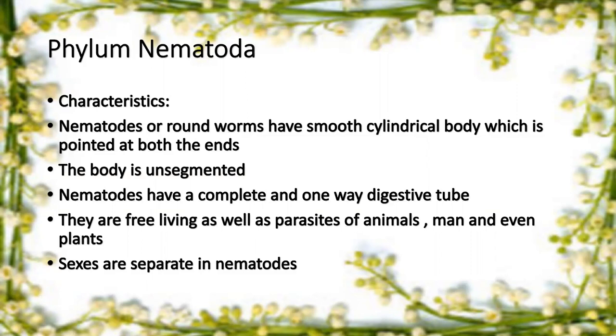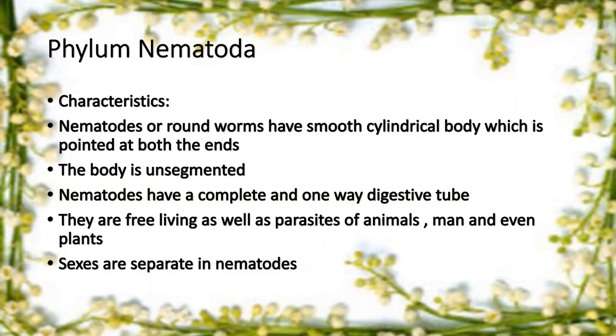Nematodes have a complete and one-way digestive system. That is, they have a mouth for taking in food and an anus to release the undigested food. Mouth is at the anterior side and anus at the posterior side.